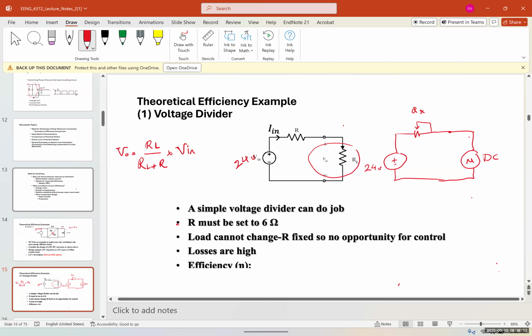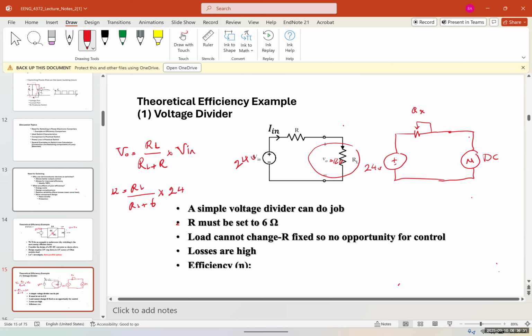And we can calculate it actually. V out, the output voltage, we want it to be 12 volts. So 12 would be equal to RL over RL plus R, which is 6 ohms, times the input voltage, which is 24. So 24 RL is equal to 12 RL plus 72. So 12 RL is going to be equal to 72, and RL would be equal to 6 ohms, in this particular case.